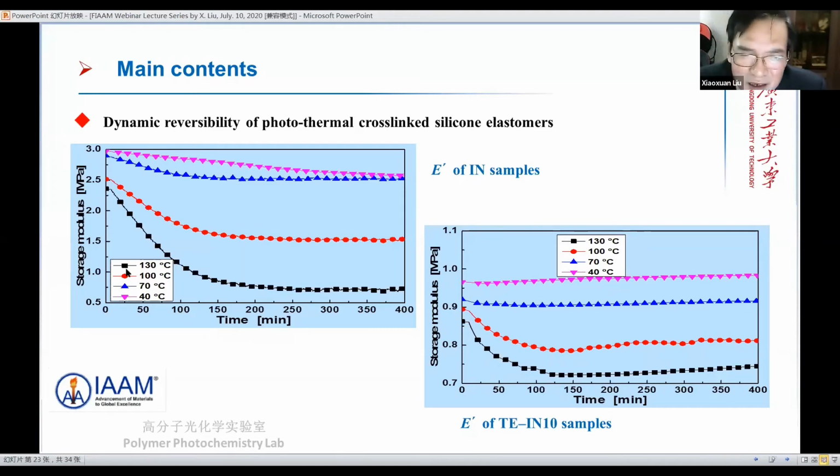This is the storage modulus. At the highest temperatures, the modulus is decreased.